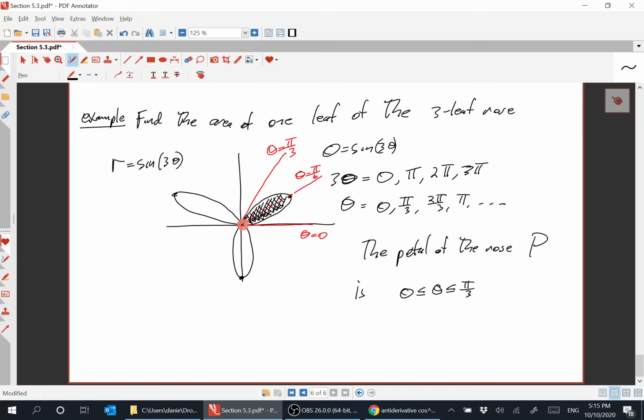And then we're going for the radius from 0 out to sine 3 theta: 0 less than or equal to r less than or equal to sine 3 theta. That is the inside of the rose. Here are the various r measurements as you go through different angles. So we're going from 0 out to the curve of the rose. So those are the boundaries for r.